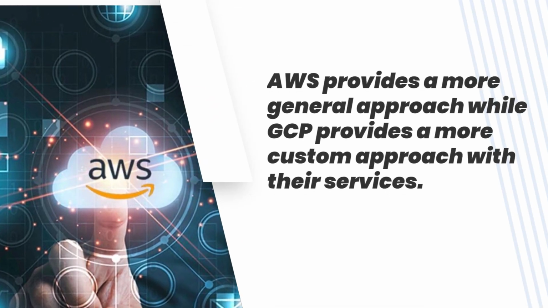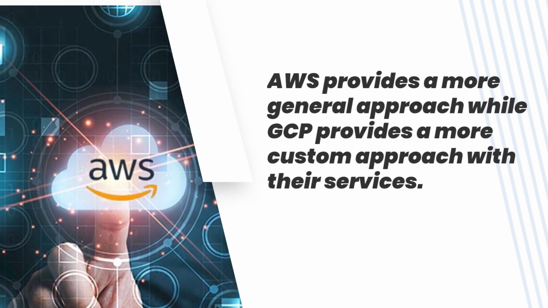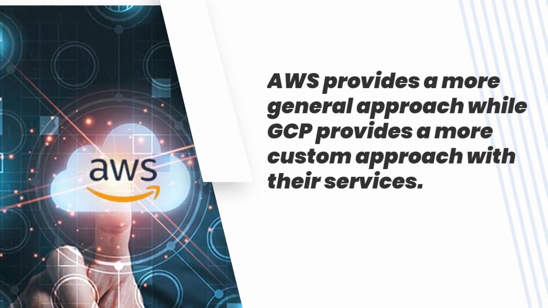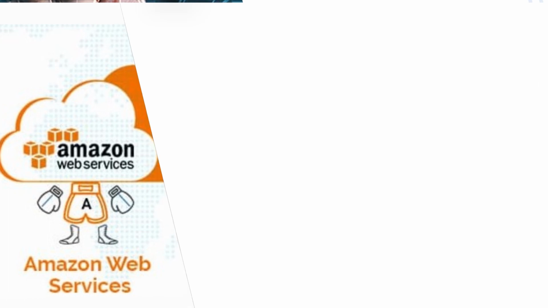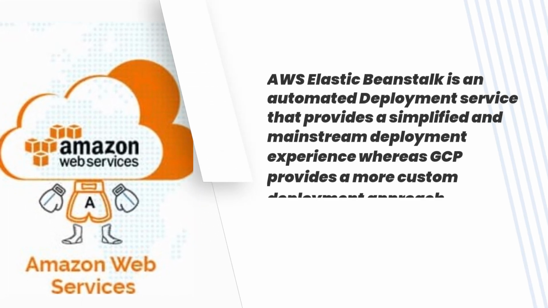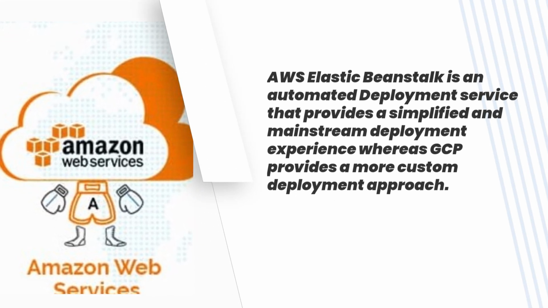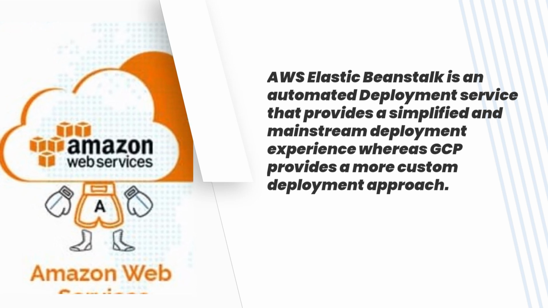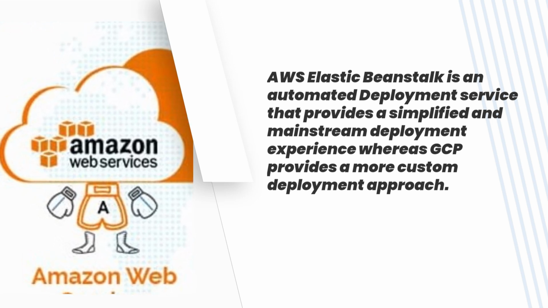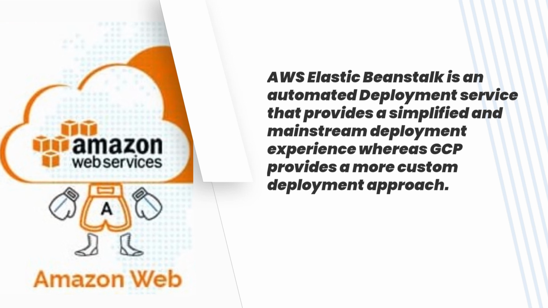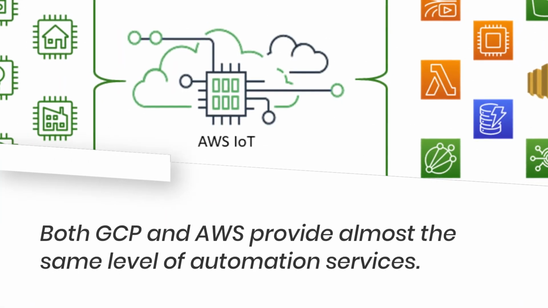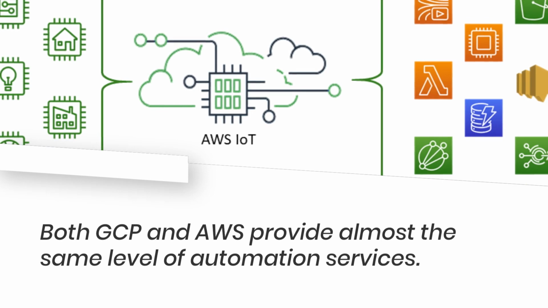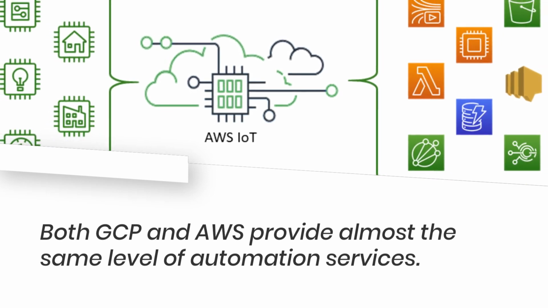AWS provides a more general approach while GCP provides a more custom approach with their services. AWS Elastic Beanstalk is an automated deployment service that provides a simplified and mainstream deployment experience, whereas GCP provides a more custom deployment approach. Both GCP and AWS provide almost the same level of automation services.